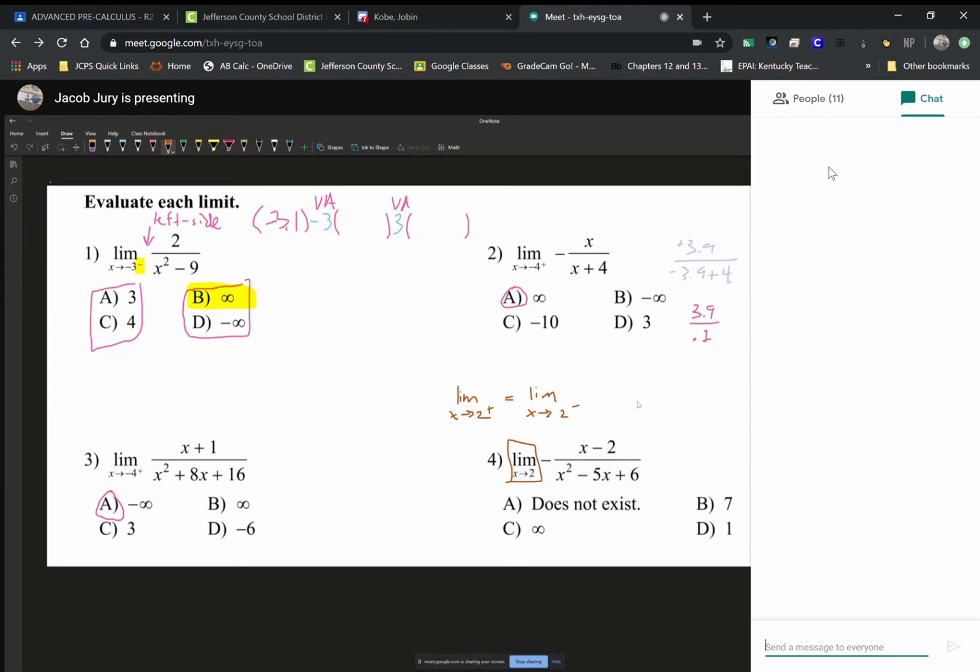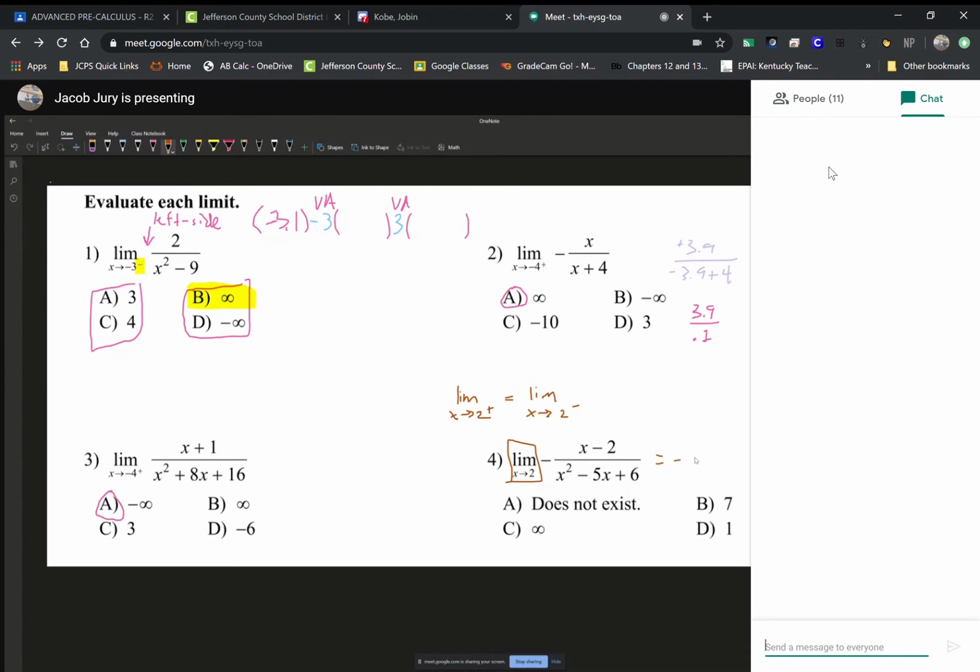So is what's happening on the left side of this function equal to what's happening on the right side of this function at 2? So we kind of need to know what's happening there. This is a rational function. If you factor the denominator, factoring with rational functions tells us everything we need to know, usually.